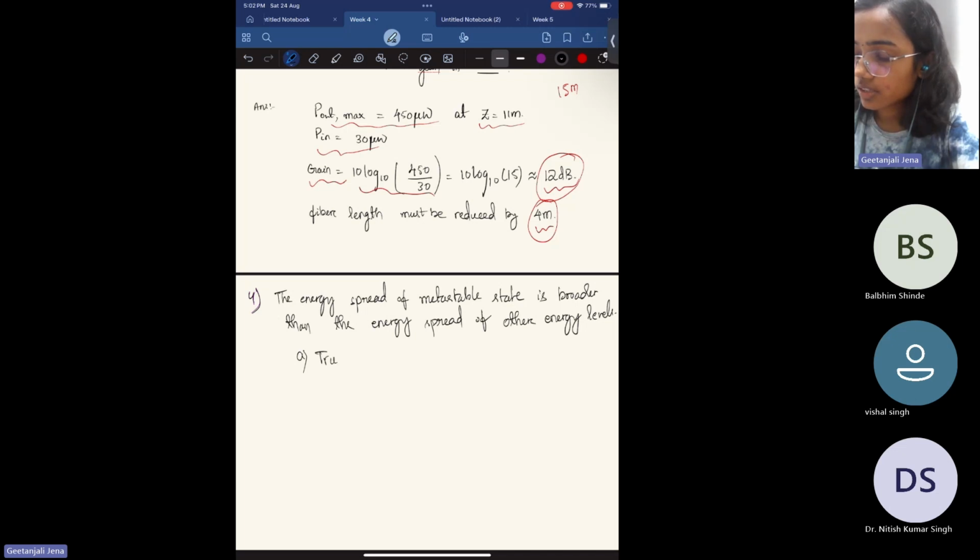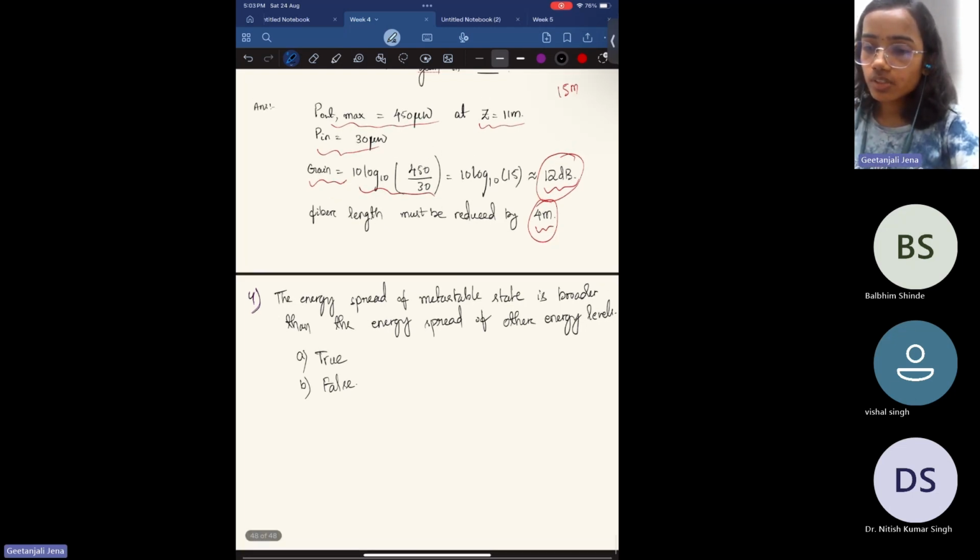One option is this statement is true, the other option is this statement is false. So it is asking whether the energy spread of the metastable state is broader than that of other energy levels.